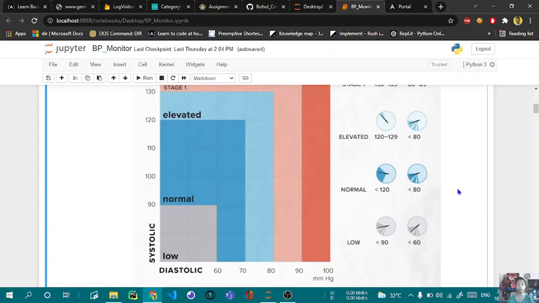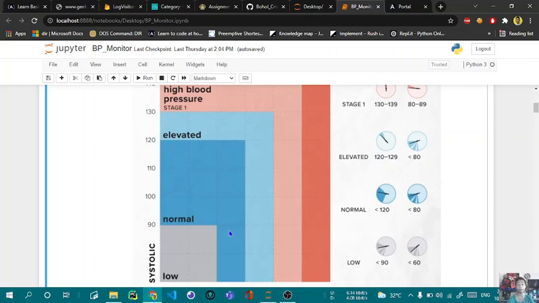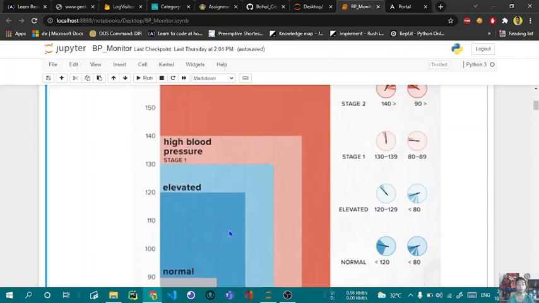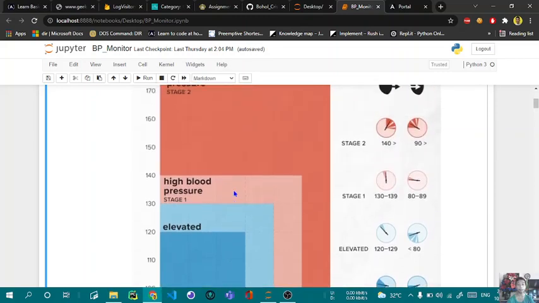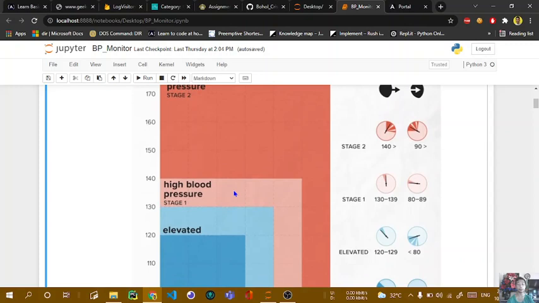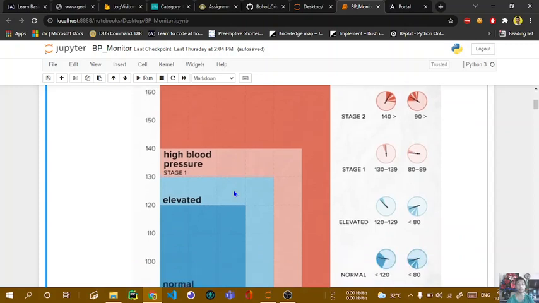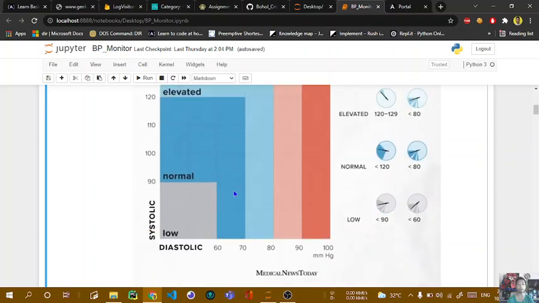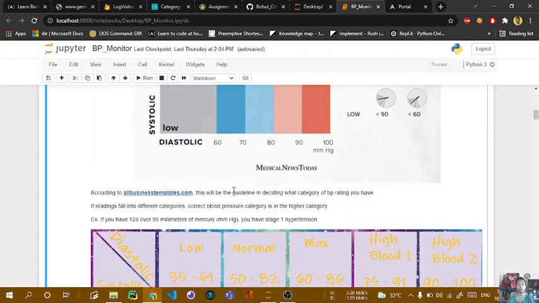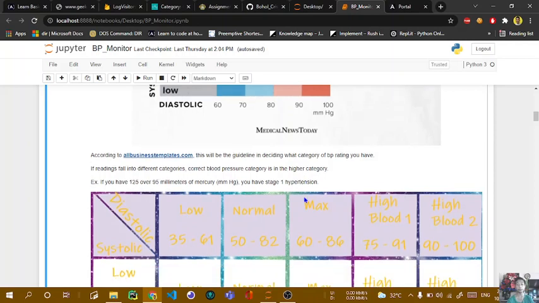So we visualize this. This is the result of the BP readings, which categorizes it into 5 categories: high blood pressure, high blood pressure stage 1, elevated, normal, and low. According to allbusinesstemplates.com, this is the guideline in deciding what category of BP rating you have.